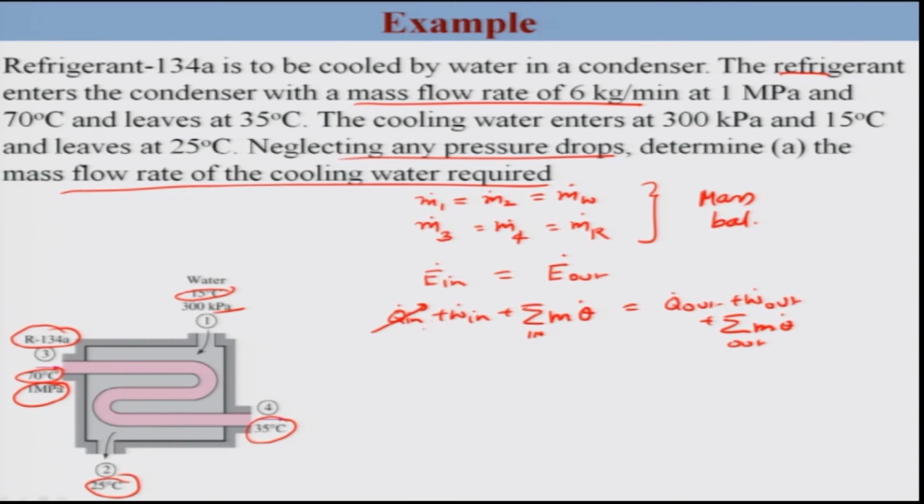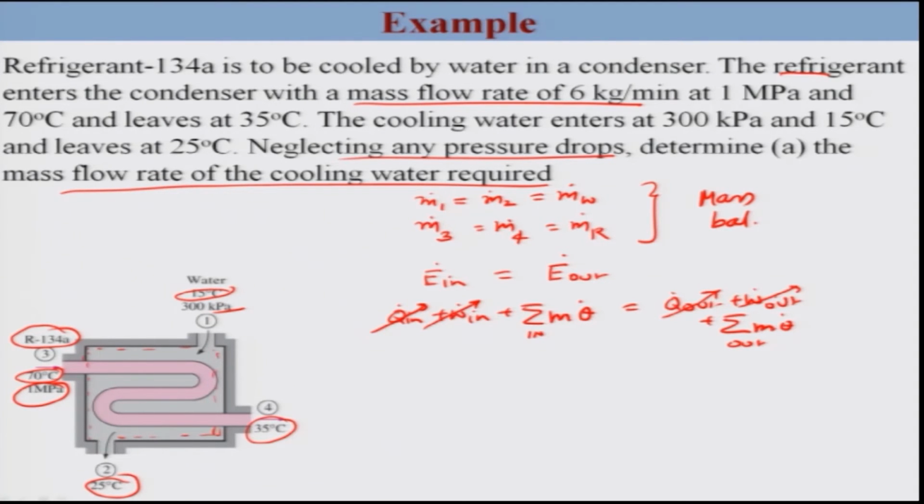The heat we are assuming is, we consider it to be a complete control volume. In that case your Q dot and W dot should be 0.